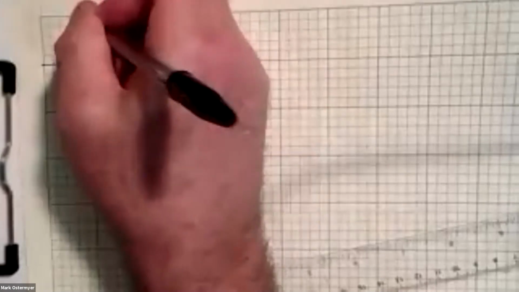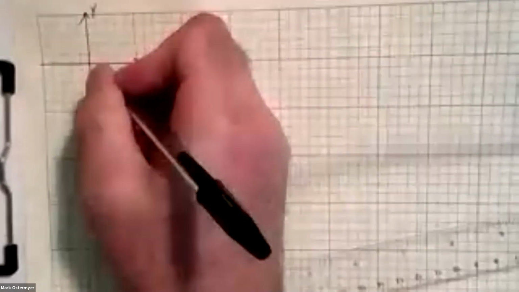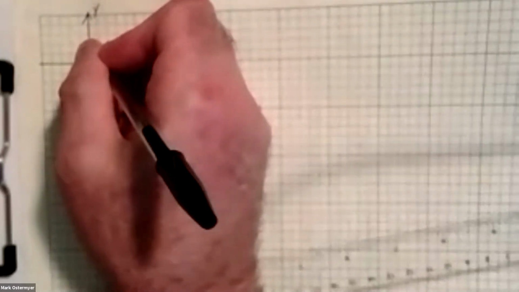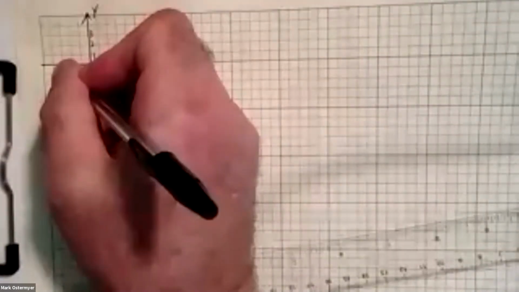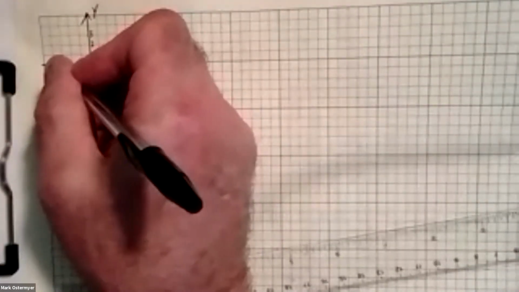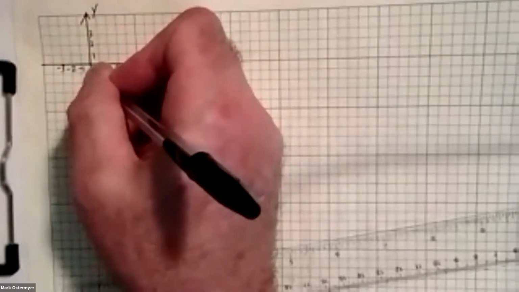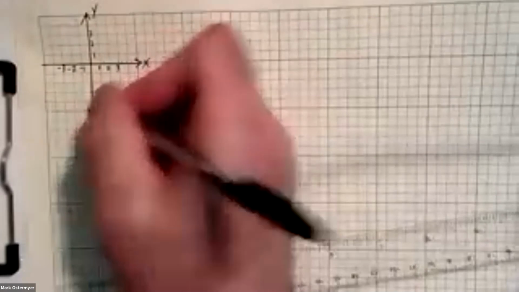I'm going to assume my tick marks are spaced 1 unit apart: 1, 2, 3, and -1, -2, -3 on each axis. Okay, so let's plot these points.